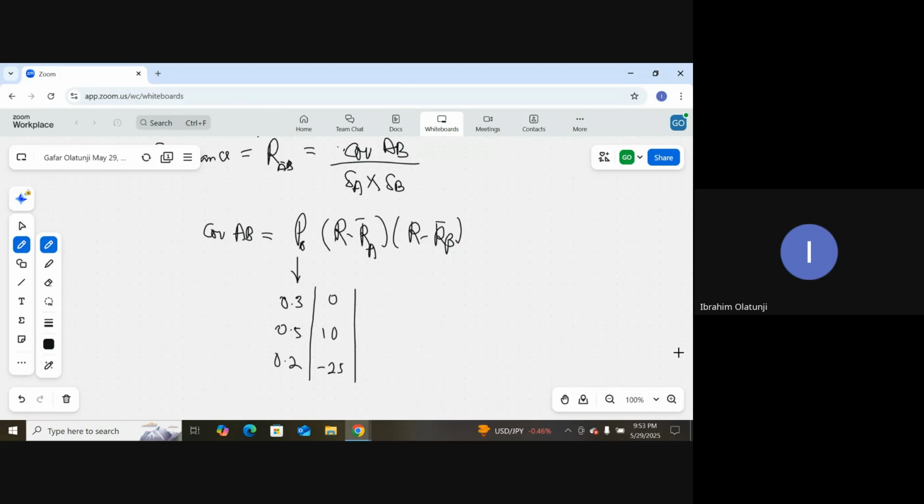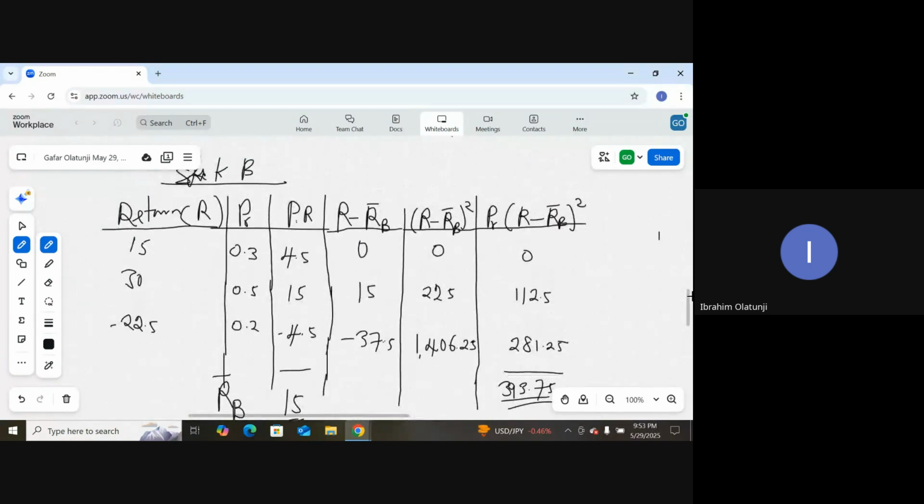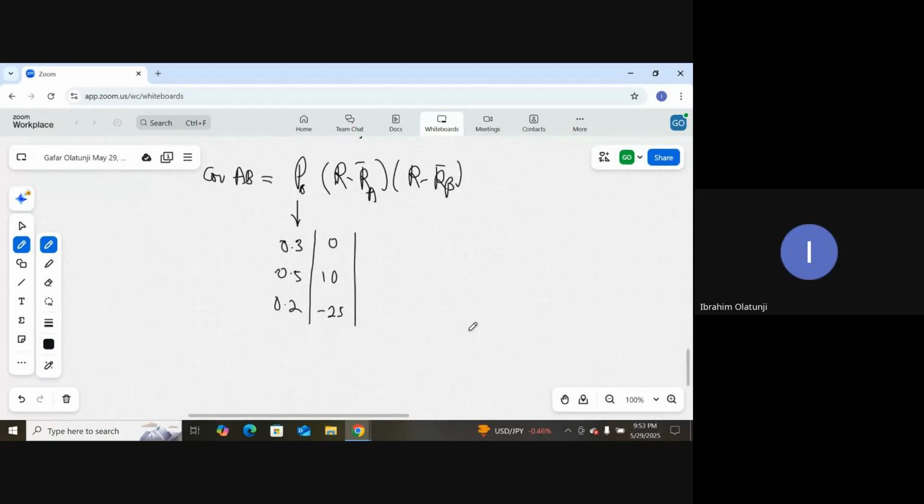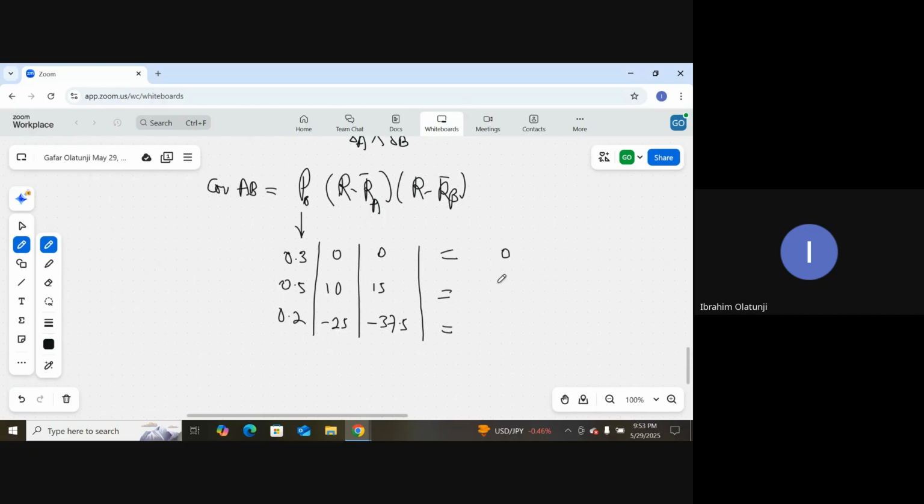Then the second one, 0, 15, minus 37.5. Then this one will give you what? 0.3 times 0 times 0, we have 0. Then 0.5 times 10 times 15, we have 75.